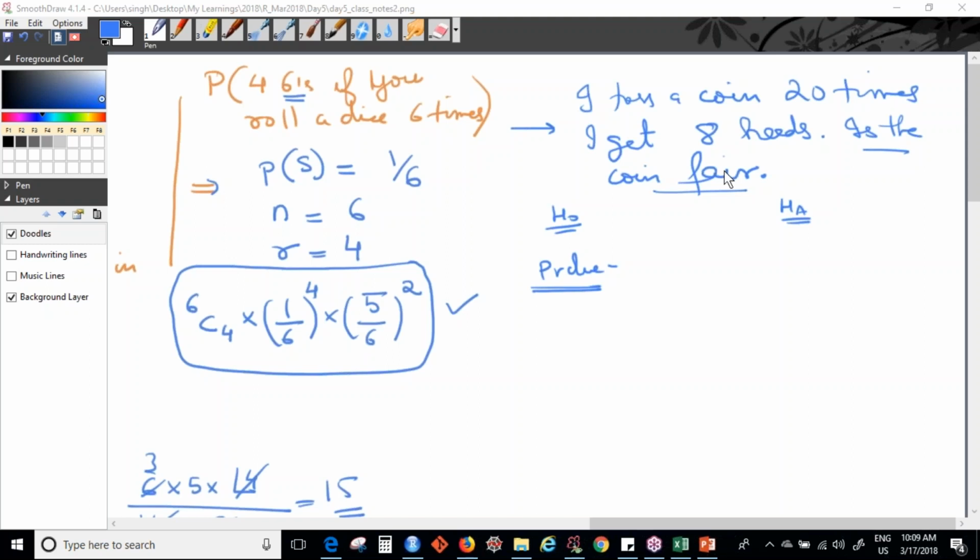Okay, so this question is a little tricky, okay guys. So think and do. It is on the other side. So the number of heads is 8. It is not above 10. So be careful of your alternative. What your alternative will be.